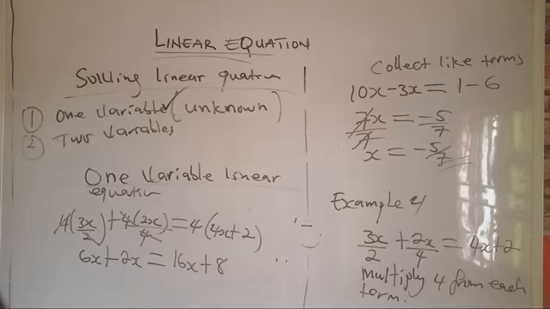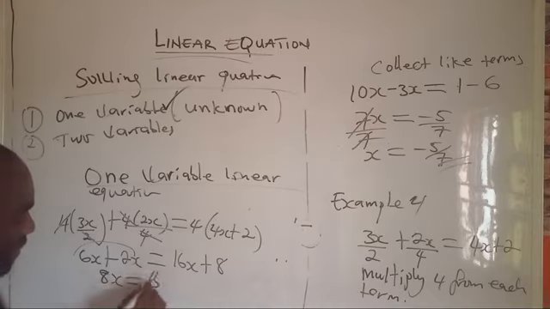So here we can still collect like terms. We can either decide to move everything to the right hand side, then we'll move 8 to the other side, or we can decide to move 16x to this side. So let's move 16x to this side. But here we add first. 6x plus 2x gives us 8x, and this is equal to 16x plus 8.